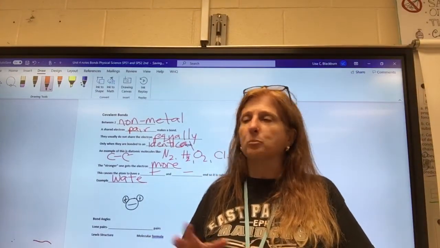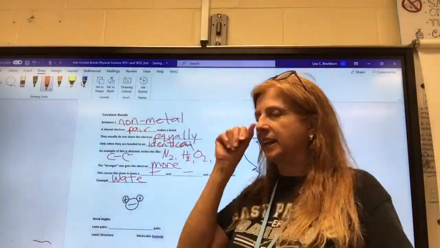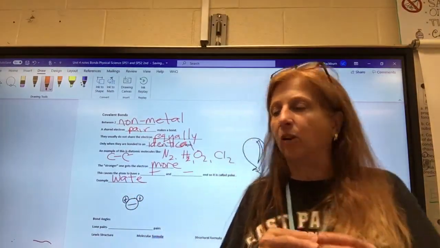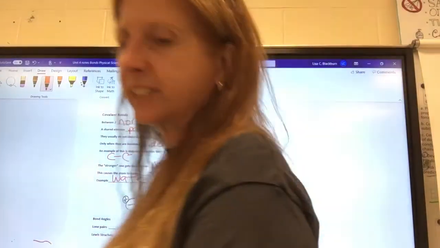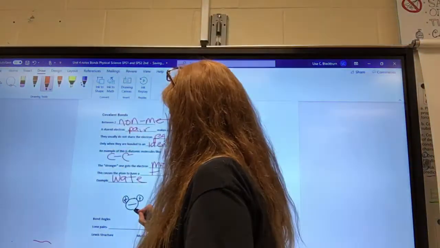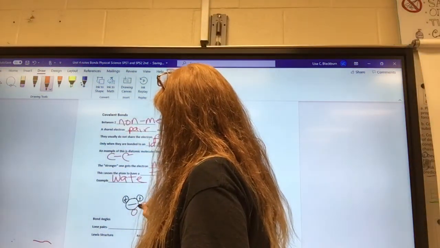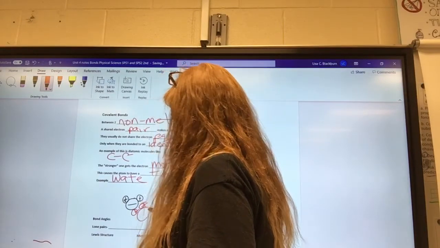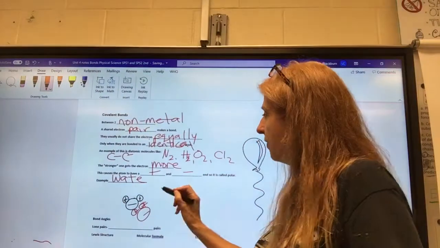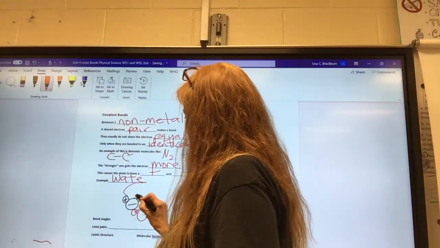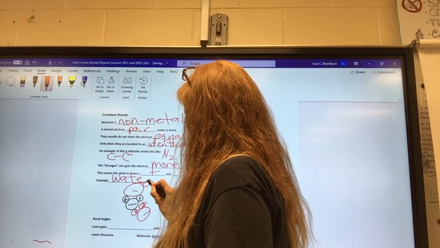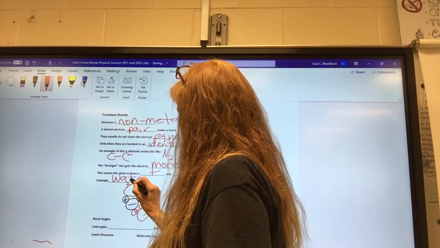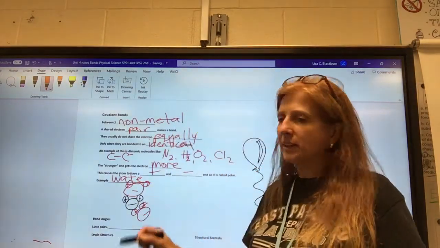The oceans, because water has a positive side and a negative side, it sticks to itself. The negative side will attract another water molecule's positive ears, because opposites attract. Does that make sense to you? These positive ears will attract another water molecule's negative mouth. So it makes the water stick together.